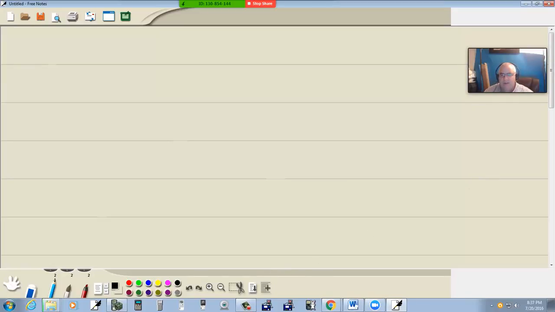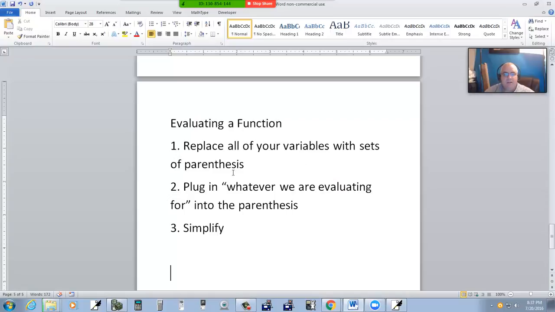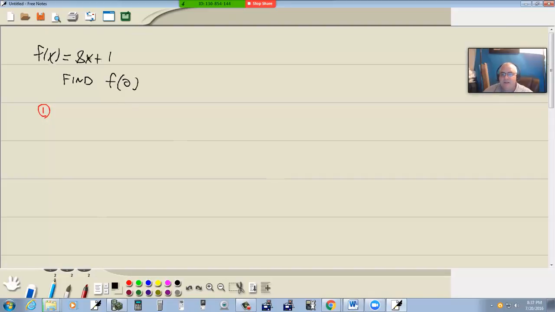Okay, so let's see what we're talking about here. Let's say we got f of x is equal to 8x plus 1. And we want to find f of 2. So step 1. Replace all of your variables with sets of parentheses. So to find f of 2, we're going to go through and we replace all of our variables with sets of parentheses.